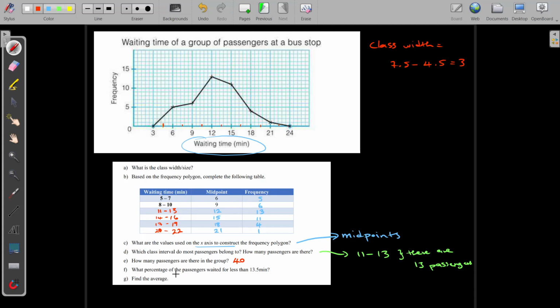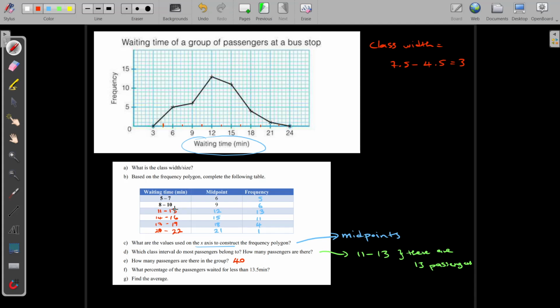What percentage of passengers waited for less than 13.5 minutes? So let's see. 13.5 would be one of the boundaries.